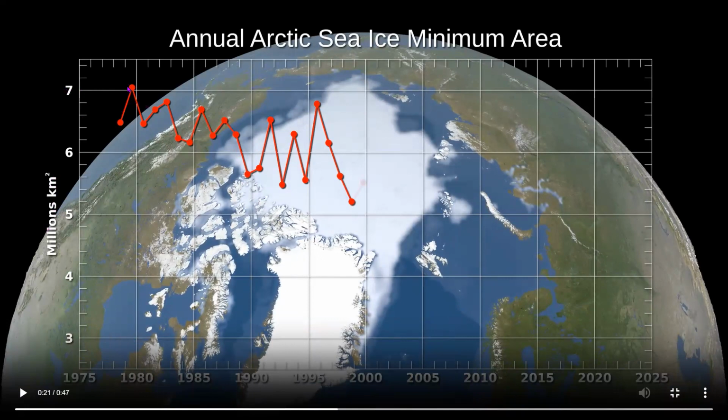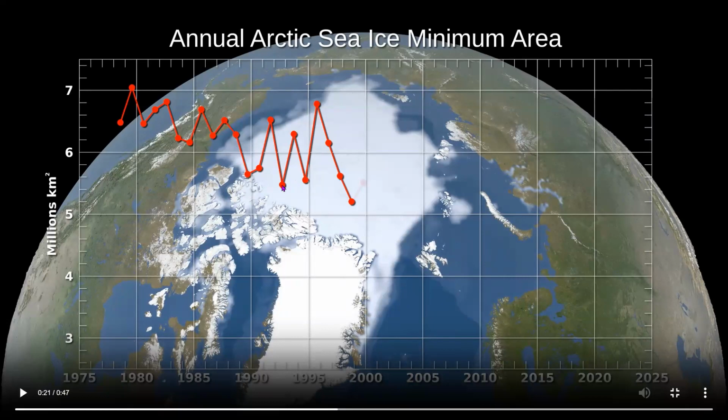Now, sea ice is the ice that floats on the ocean. And when it melts, it exposes more of this deep blue color of the ocean. Now, as you know, deeper colors absorb more heat. So the actual ocean surface absorbs more heat when the ice retreats.